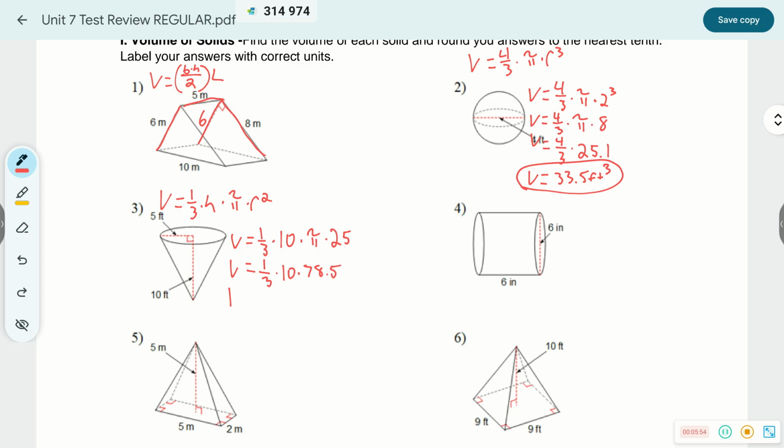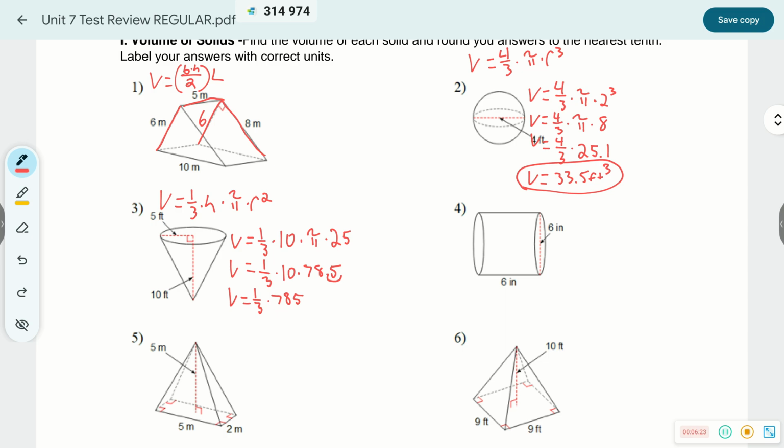Now we have volume equals 1/3 times 785. Don't know how I did that? I just multiplied 78.5 by 10, which is just moving the decimal over one place, making it 785.